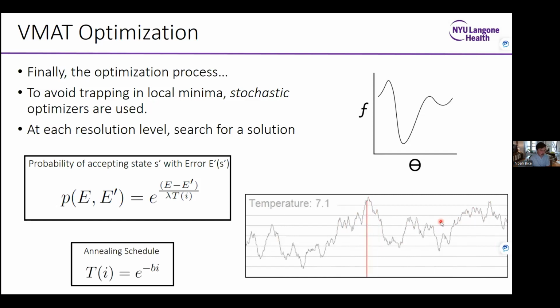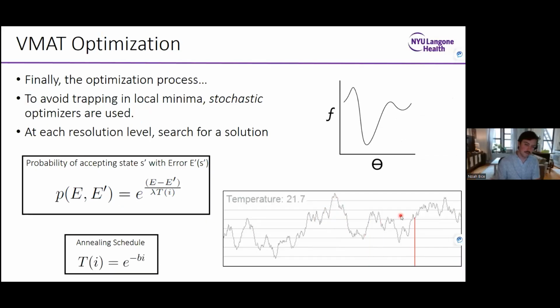There are lots of different implementations of stochastic optimization engines. You can use genetic algorithms, but the one that I'm most familiar with, and that has been implemented in several VMAT algorithms, is simulated annealing.